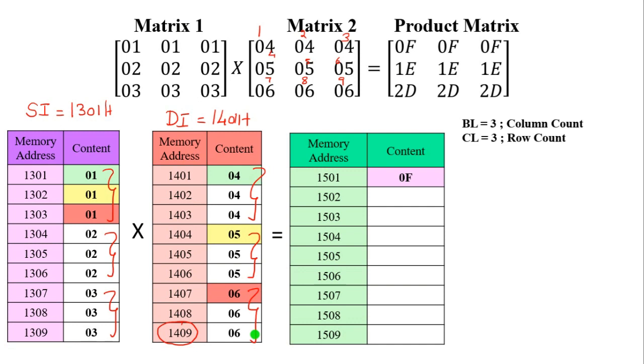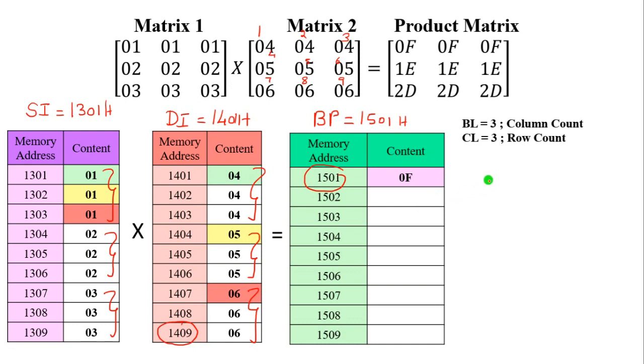Next, the result can be stored in another memory address. This memory address can be pointed to by using BP. That value becomes 1501H. How are we going to perform the matrix multiplication? Here we are using two counters.